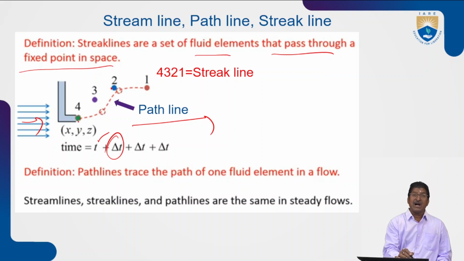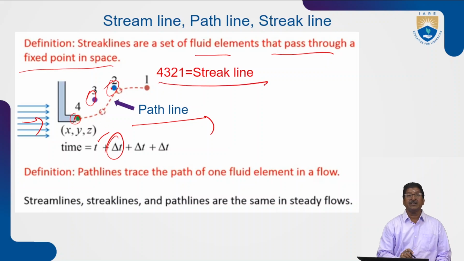So the path is given by these different elements of flow. One is a particular element, the second is another particular element of fluid, then third and fourth. So if you join these points, that means element 1, element 2, element 3, element 4, that means fluid particle 1, fluid particle 2, fluid particle 3, 4, like that.